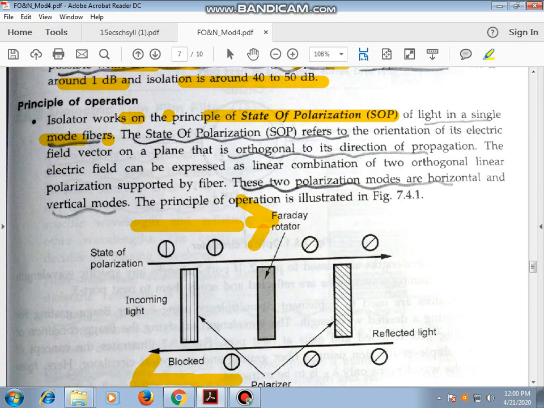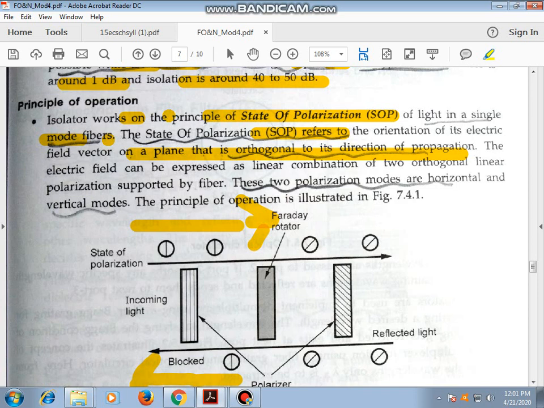The state of polarization refers to, as the definition given here, the orientation of the electric field vector on a plane that is orthogonal to the direction of propagation. If you consider a light signal, you have an electric field and a magnetic field.